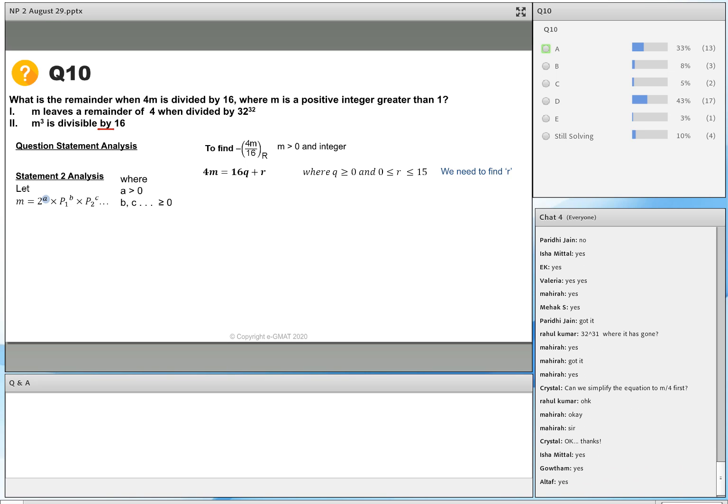M cube contains 16, right? Okay. How can I write 16 in terms of 2? 2 to the power 4, right? Perfect. So m cube contains 2 to the power 4, yes or no?